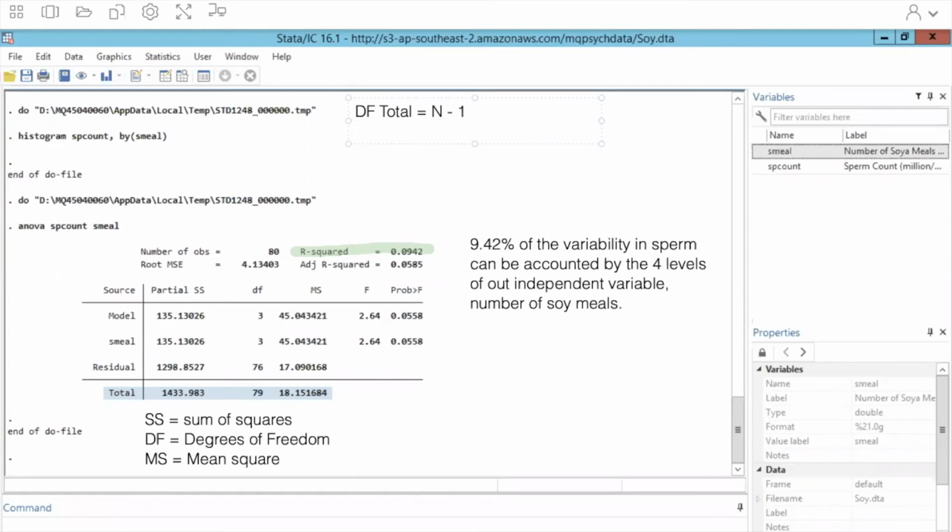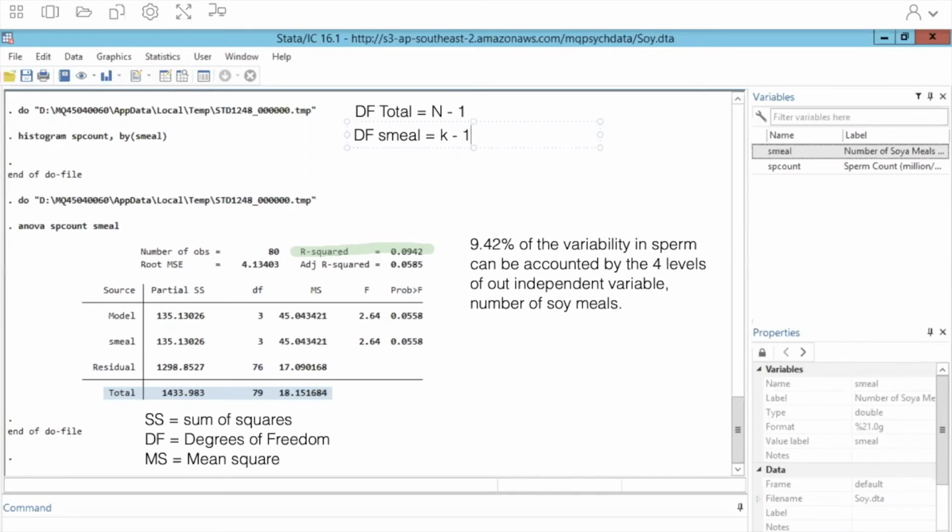Right. Now let's talk about the degrees of freedom for our independent variable, number of soy meals. This is simply the number of levels in that independent variable minus 1. And number of levels is often referred to as K. So K minus 1 is our degrees of freedom for soy meals. In this case, we know that we have 4 levels for that independent variable.